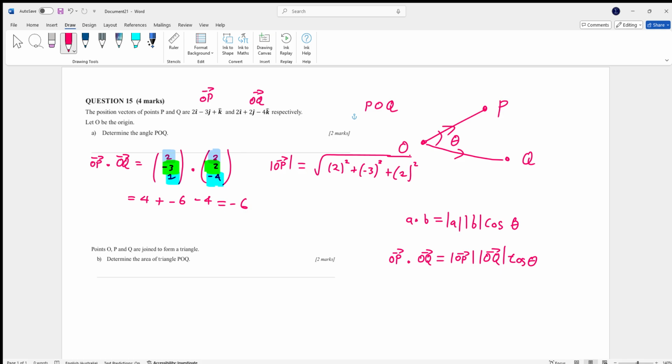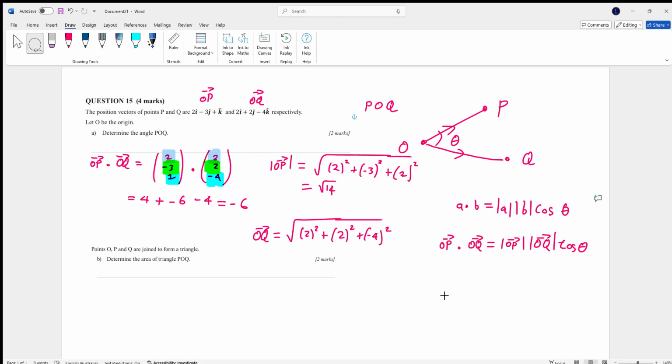This gives us the square root of 14. Then the length of O to Q is the square root of 2 squared plus 2 squared plus -4 all squared as well. Now we'll just move this out the way and calculate this other one as well.